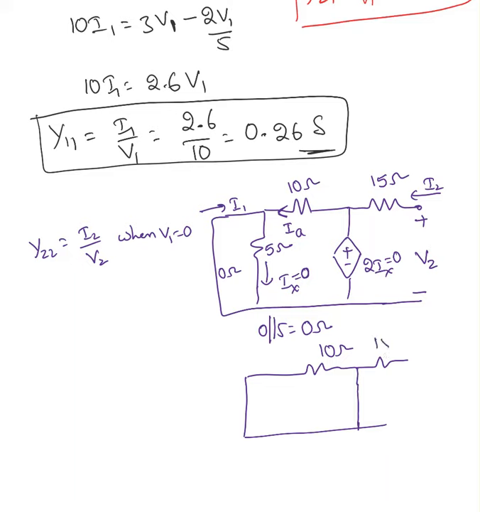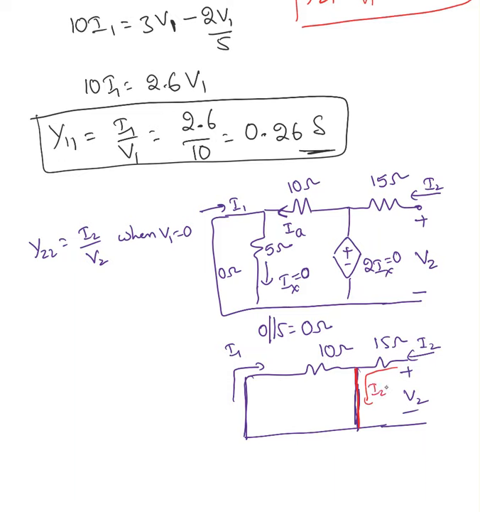Okay, so now what is the relation between V2 and I2? So here is one short circuit, another short circuit here, and this is my I1. Whatever current I2 starts from the source, it's going to go through this path because it is a short circuit path, and you have 10 ohms there.